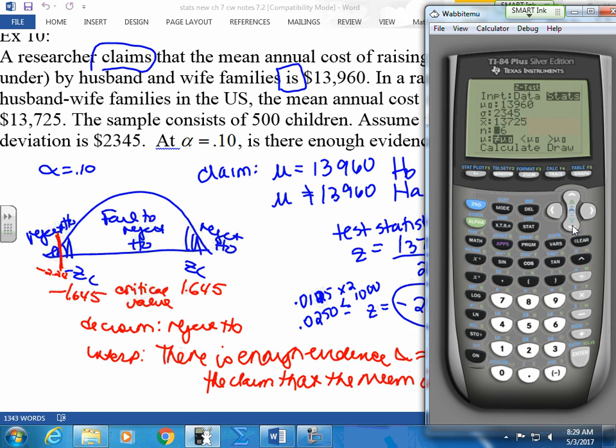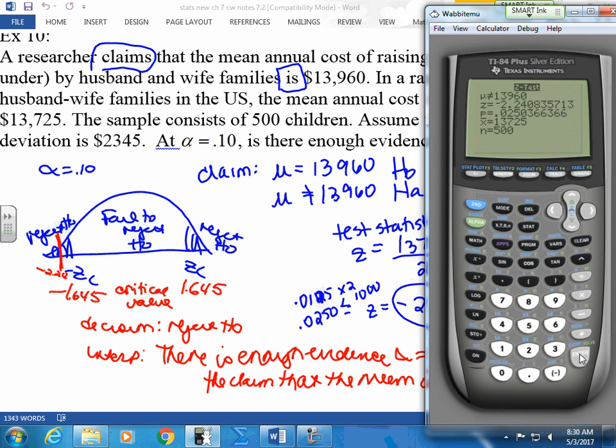My N was 500. Now, this arrow follows your HA. Make sure you follow your HA. I look at my HA, and it's not equal. I use the not equal. If my HA was greater than, I use the greater than sign. So I calculate, and watch.